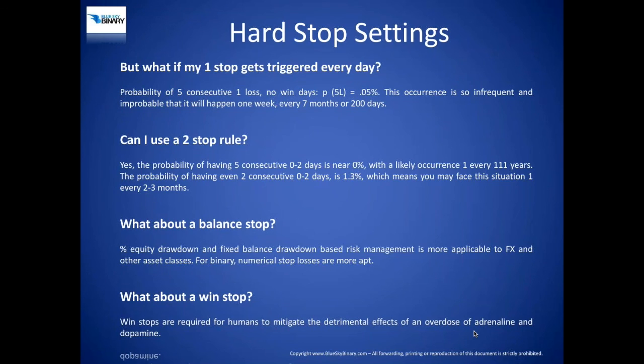It's basically the opposite of what happens when you experience consecutive losses. Because the system is getting more and more mathematical, more and more algorithmic, we don't think it's necessary to have a win stop in place for now. So for now, we're giving you a very simple setting. It's just a manual hard stop based on a numerical stop loss, right? So you just have to determine how many trades you are prepared to lose daily.